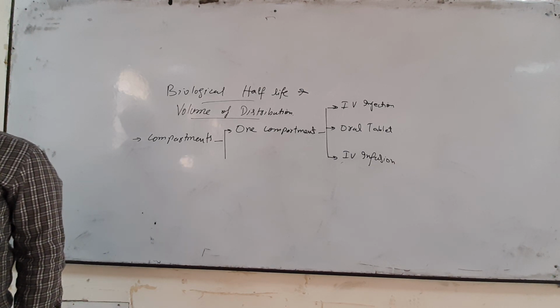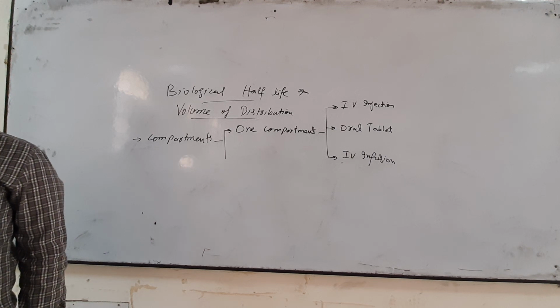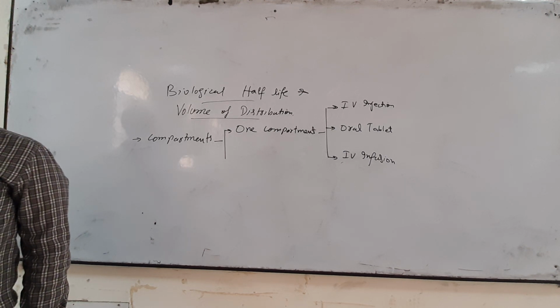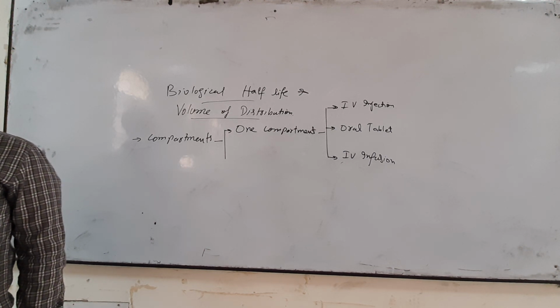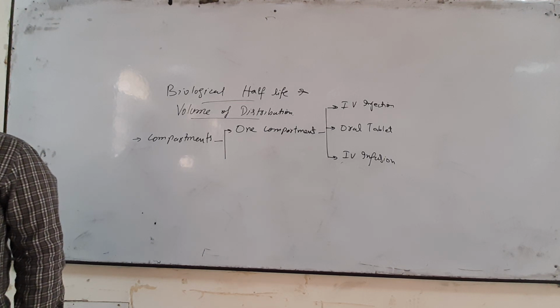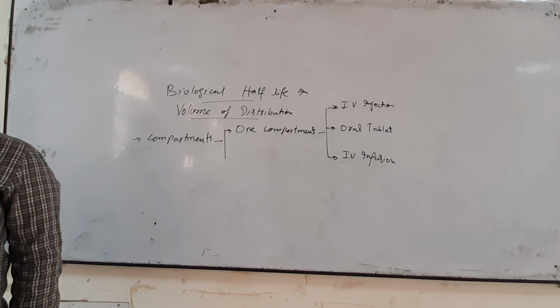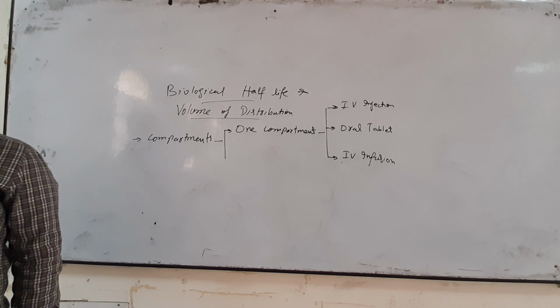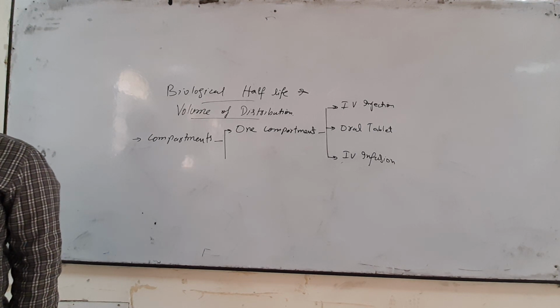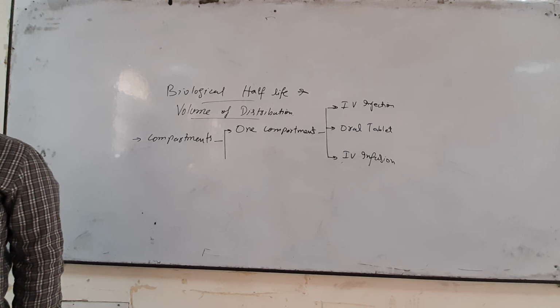Second assumption is drug follows the passive diffusion. Third is elimination of the drug is only from the urinary tract. Only renal clearance is possible. Other clearances will be considered as fixed.